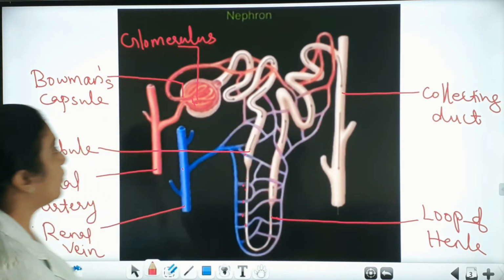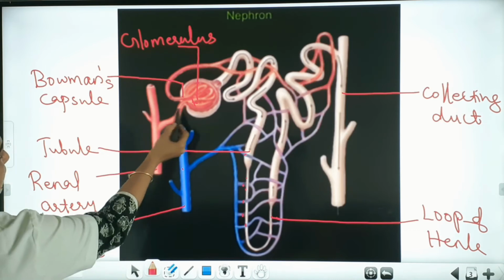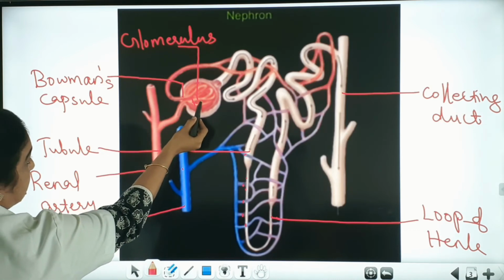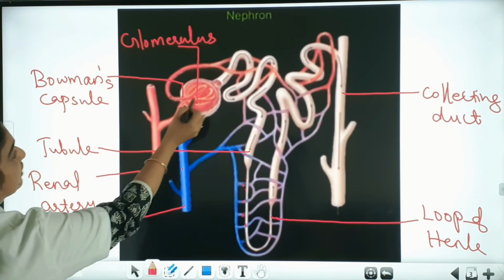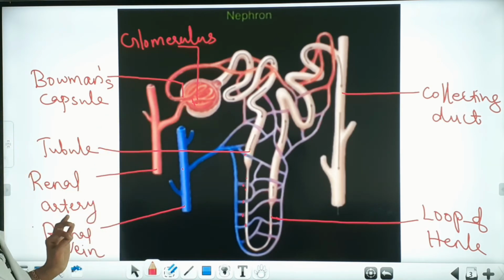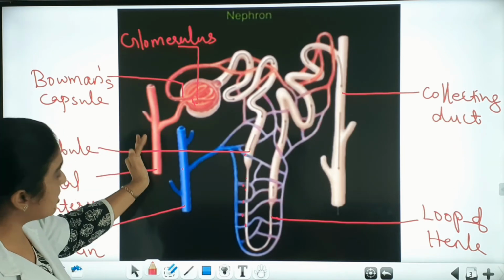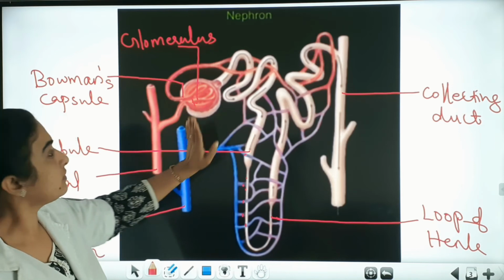Now we can see here that the renal artery brings blood to the glomerulus for filtration.